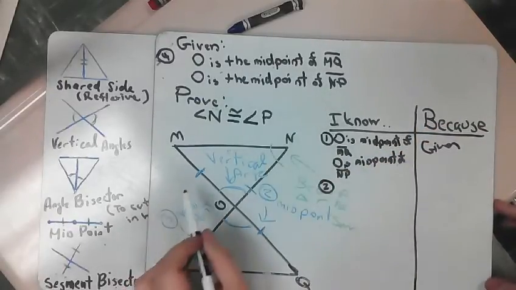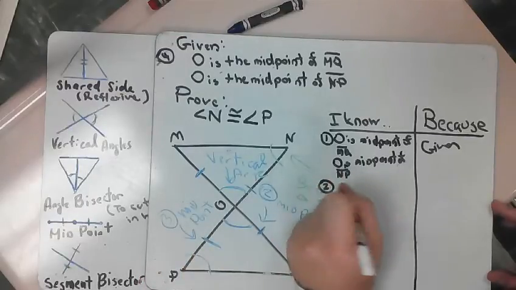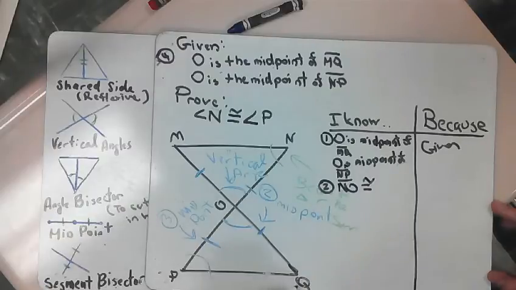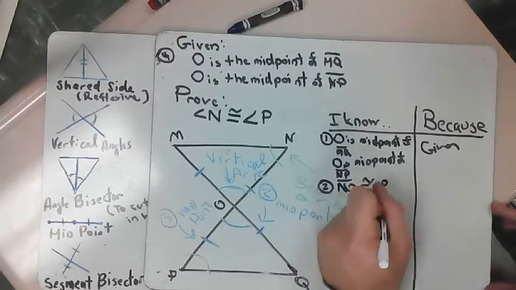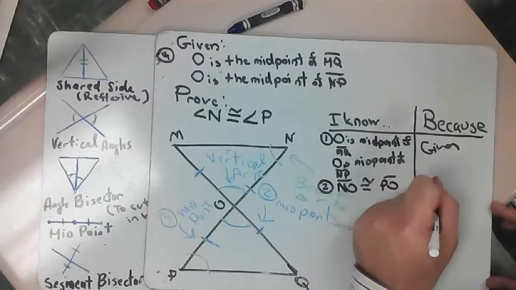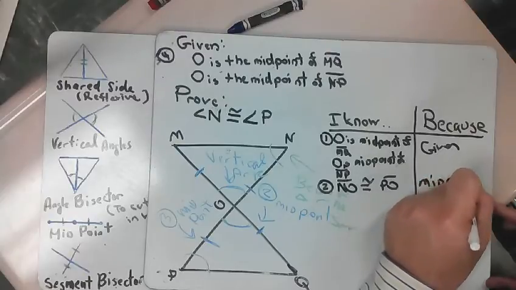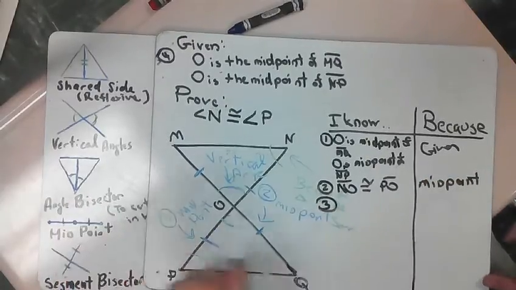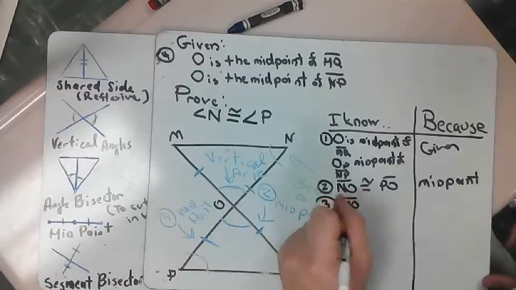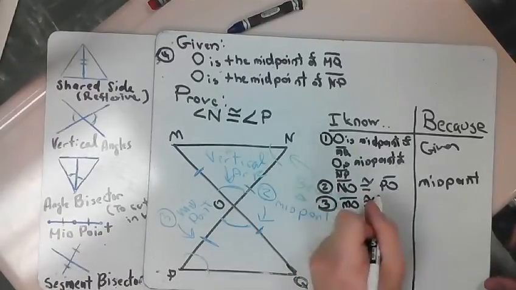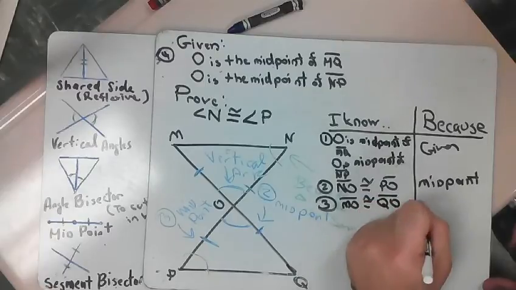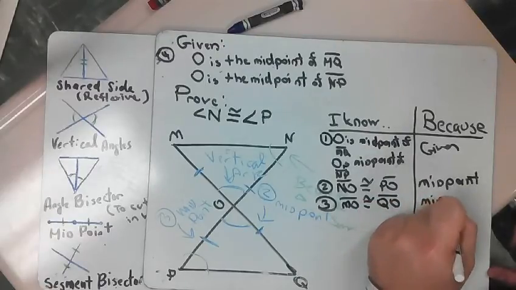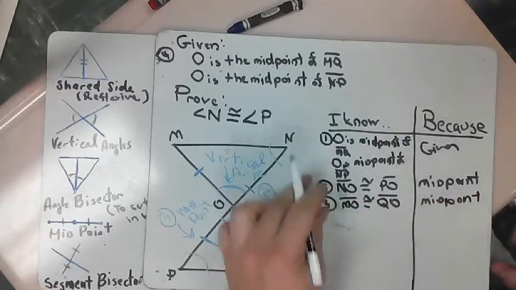2. We have NO is congruent to PO because of midpoint. 3. MO is congruent to QO because of midpoint. You can write these both on the same line.